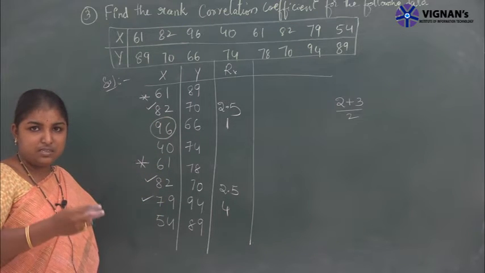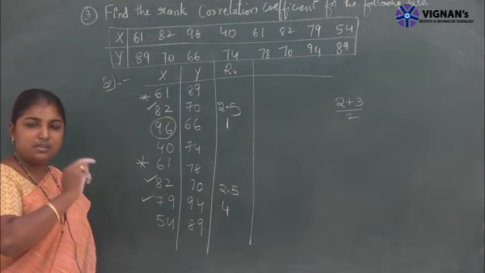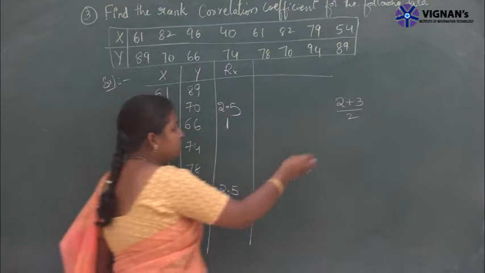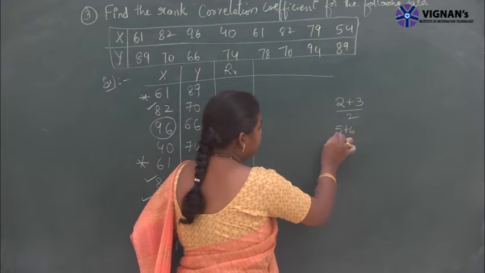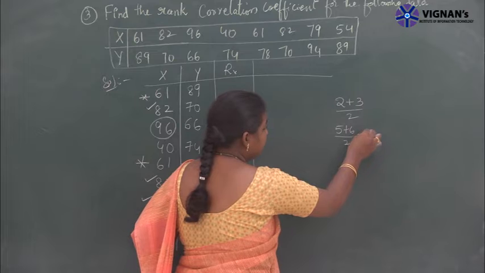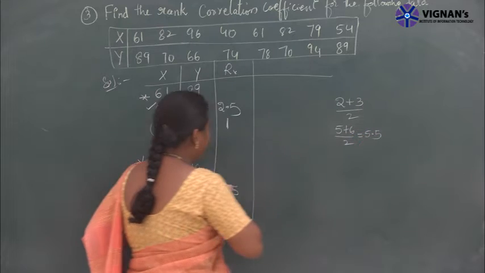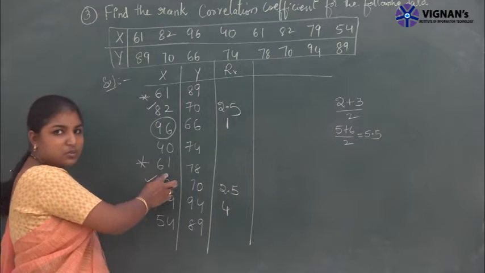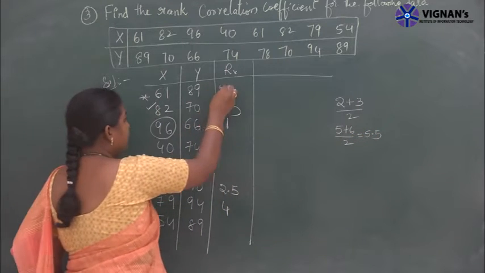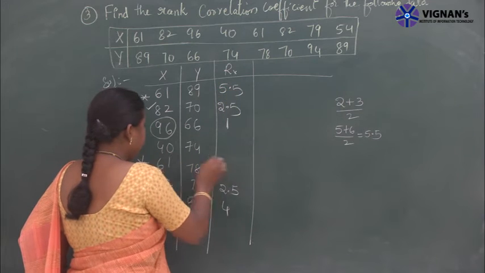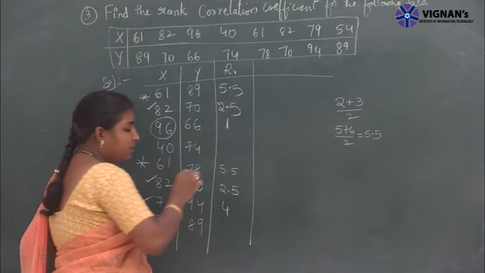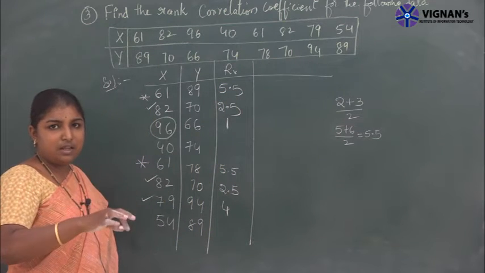That can be written as 5 plus 6 by 2, which is equal to 5.5. For both the 61s we are giving the same rank, so that is 5.5 and 5.5. That means 5th and 6th ranks both are completed.